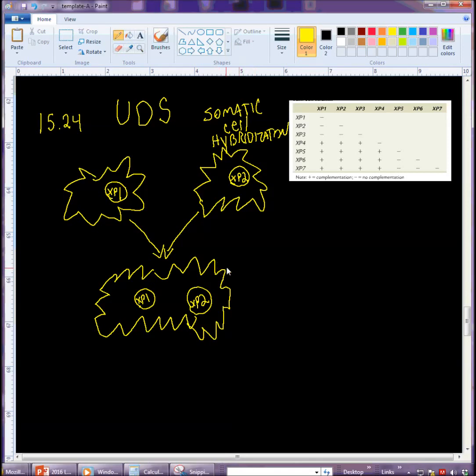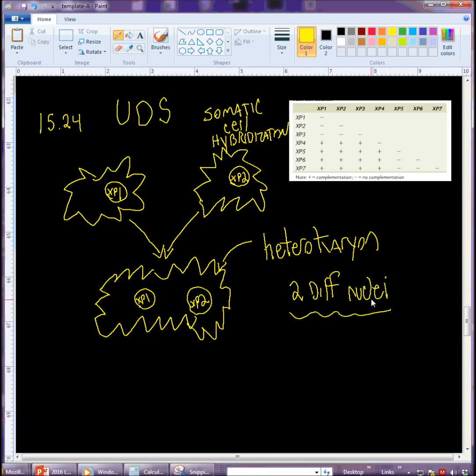So this thing right here is called a heterokaryon. A heterokaryon is just a cell with at least 2 different nuclei. This is pretty neat.